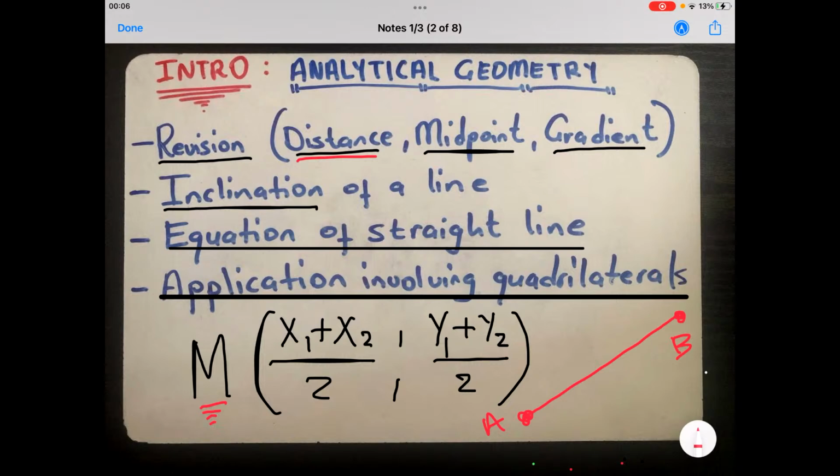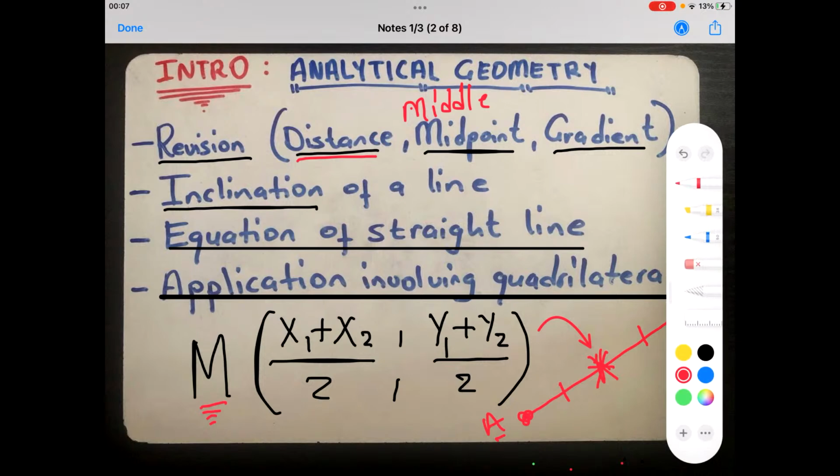So midpoint should remind you of the word middle. That means a point which is in the middle of points A and B, by estimation somewhere there. This side is equal to that side, because this formula helps you calculate the middle point. That's all you need to remember with regards to the midpoint.